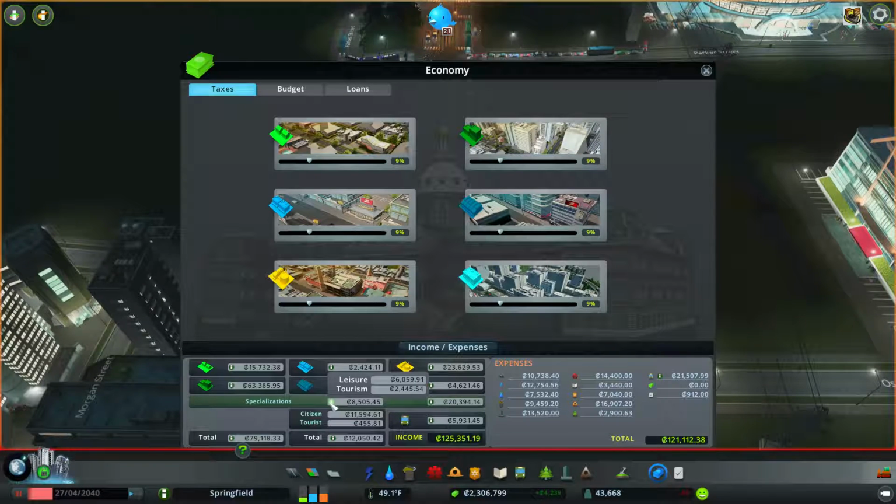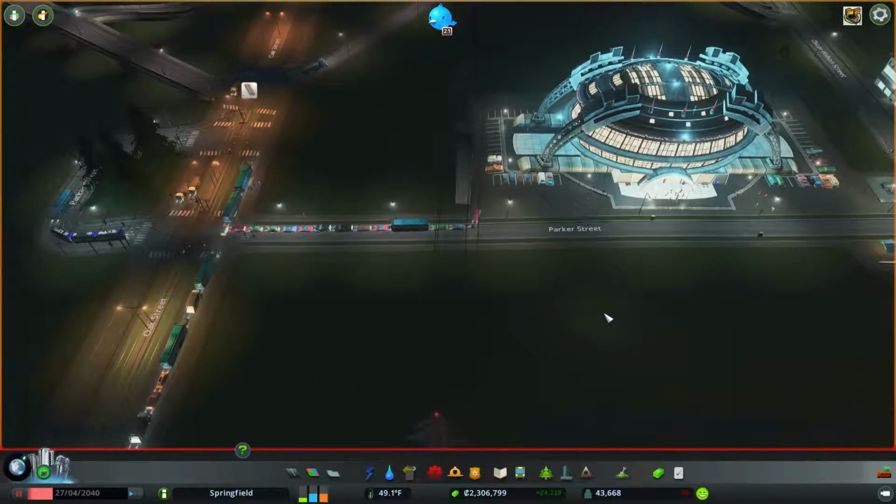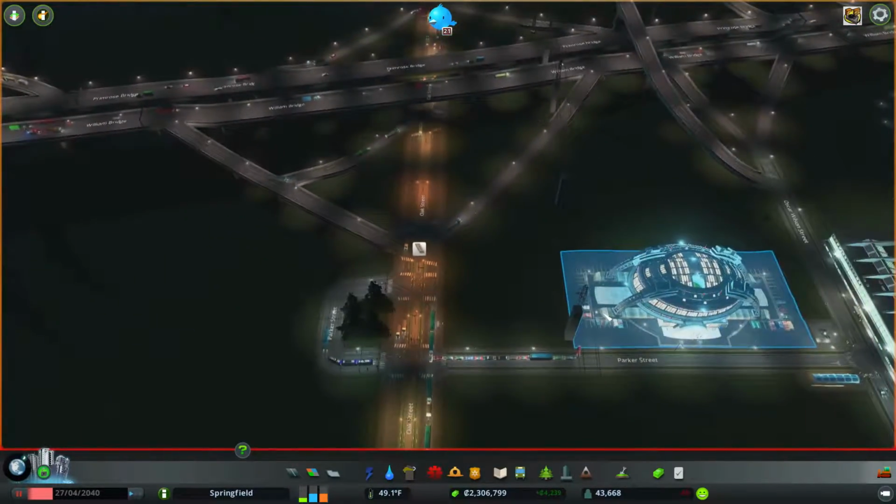Okay, so even though I'm not in the red, the mass transit that I have put in has not really paid for itself. So if the money was a little bit tighter, that would probably be something to look at. So in the future, I guess I would want to be a little bit conservative with that.